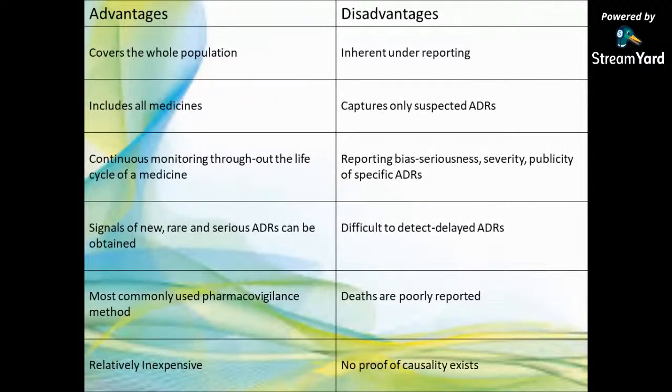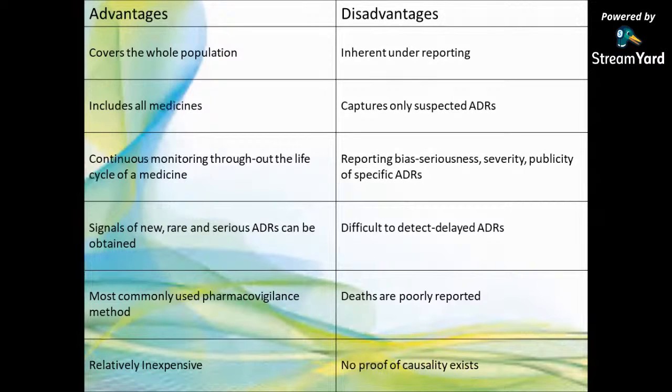Now, there are certain advantages and disadvantages of spontaneous reporting. So first we will go through the advantages. As spontaneous reporting is unsolicited reporting which happens in the post marketing phase, it will cover the whole population, as well as all the medicines the patient is taking in a particular duration.